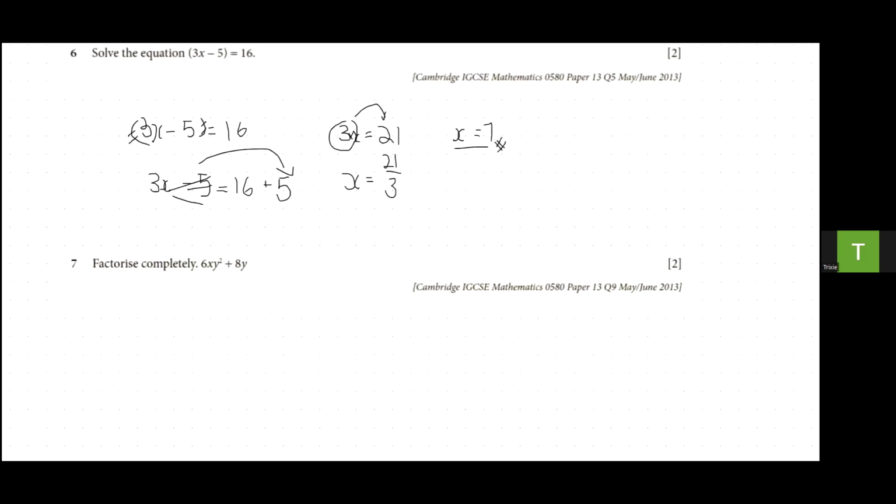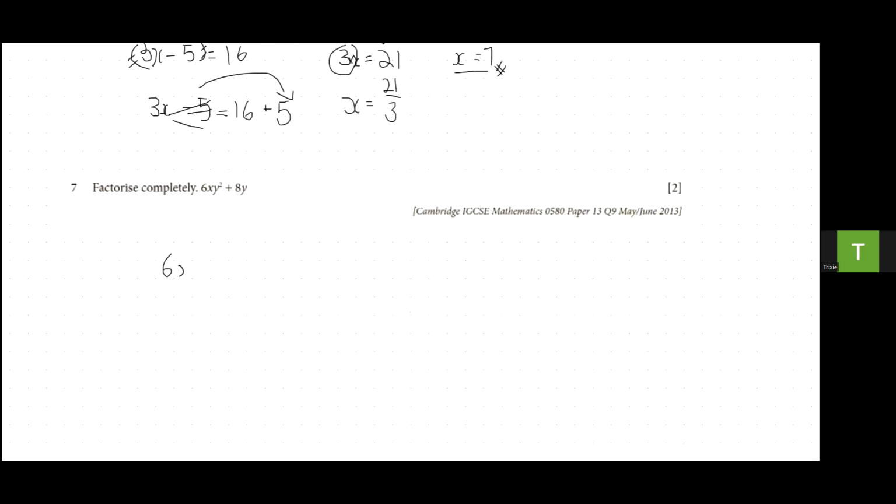Next question. Factorize completely. 6xy squared plus 8y. So firstly, what unknown value is repeated? It's y. But this is y squared.